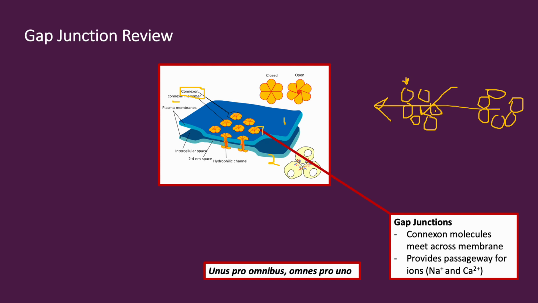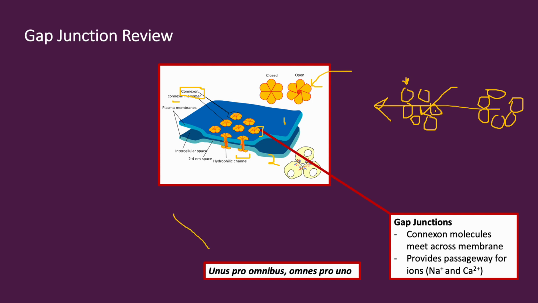Here you have a connexon, right? And on the other side you'd have a connexon as well. And when those two adjacent membranes come together, that completes a whole tunnel in which ions can flow through, right? So those connexin molecules meet across the membranes, and they provide a passageway for ions. Specifically, the ones we're interested in are sodium and calcium, for example.